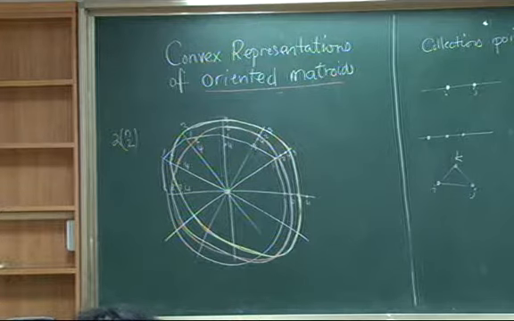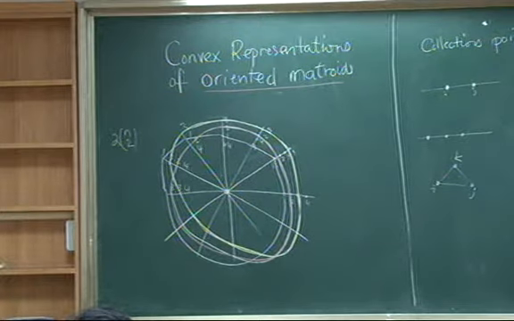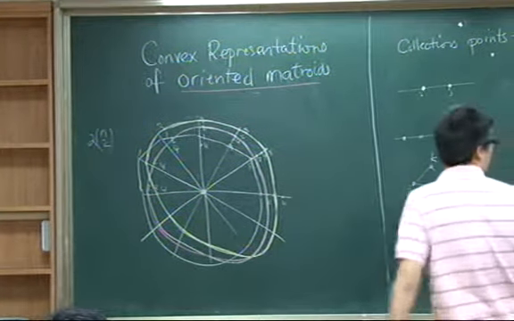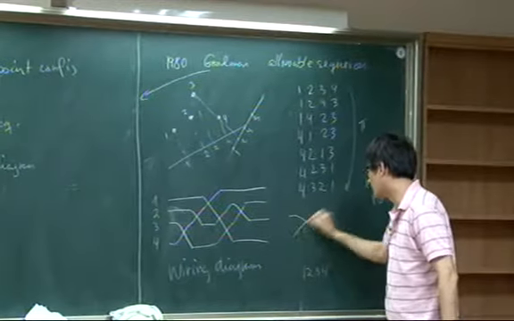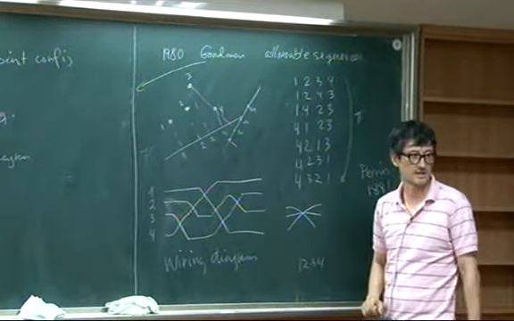So do this for any wiring diagram. Draw the circular wiring diagram. The circular wiring diagram is a representation by type 1s, type 0s. What would a type 0 look like? In the wiring diagram, it corresponds to 3 guys crossing simultaneously like this.